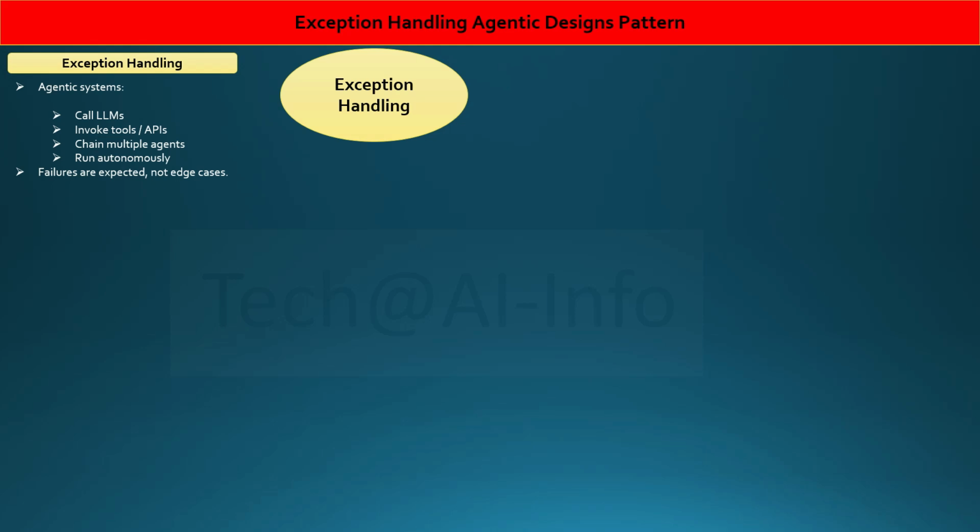So what happens without structured recovery? First, agents loop infinitely. The agent retries the same action with the same prompt again and again against the same failing tools, with no retry limit or learning.